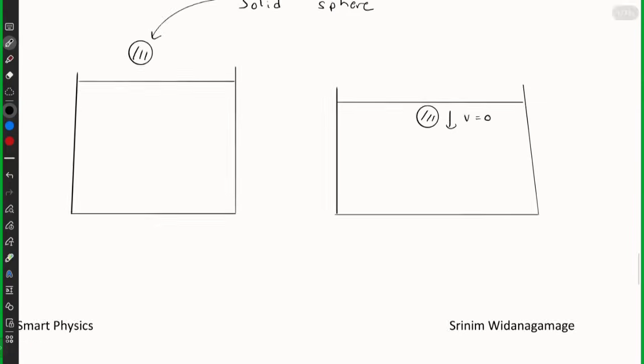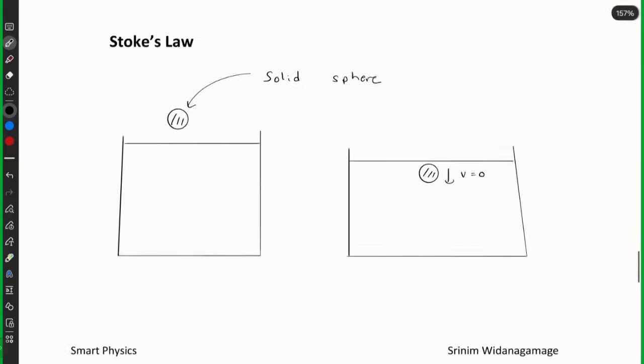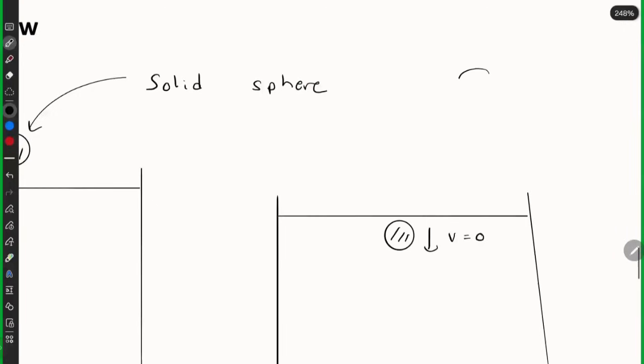Now, this particular sphere of interest has a particular radius, let's say R. And suppose this sphere is made of a material of a particular density, rho.